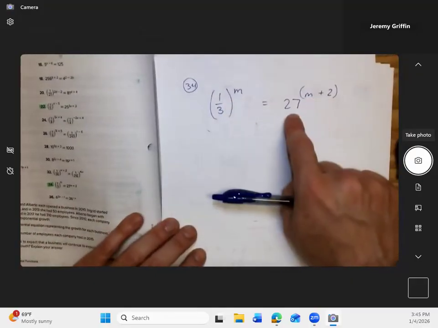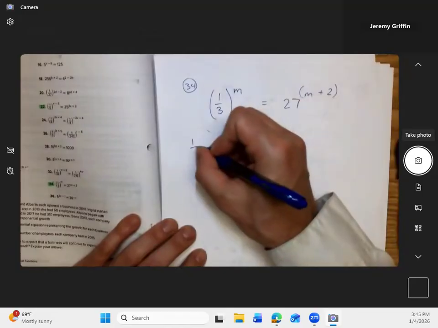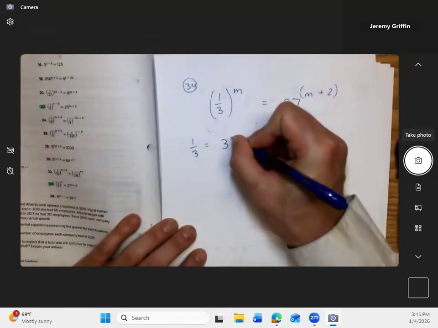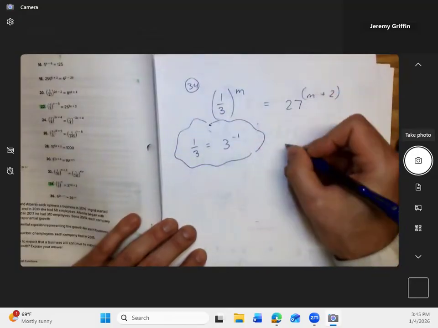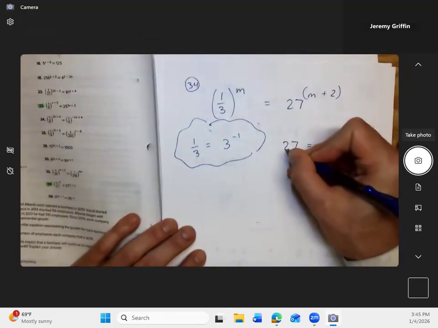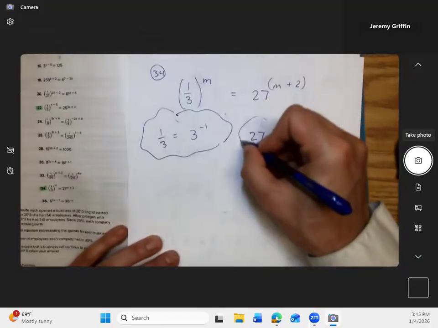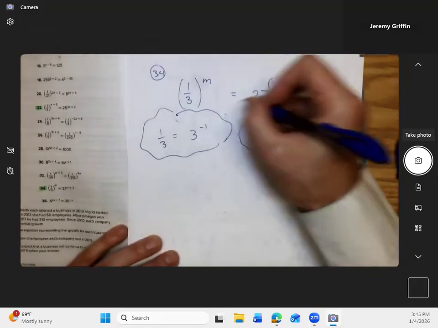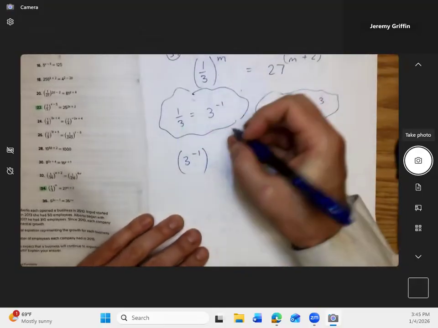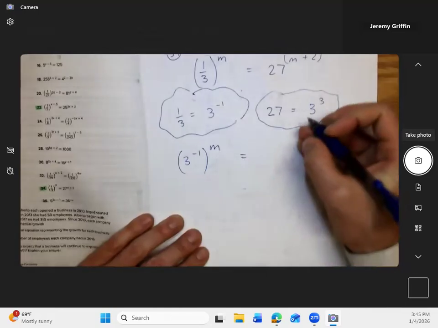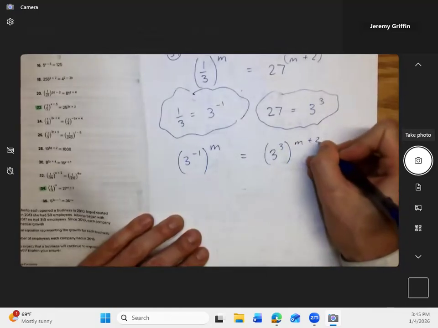Well, 1/3 and 27 do have a common base because 1/3 is the same thing as 3 to the negative 1, and 27 is 3 times 3 times 3, or 3 to the third. So I can substitute: 3 to the negative 1 in place of a third, raised to the power of m, and over here 3 to the 3, raised to the m plus 2.